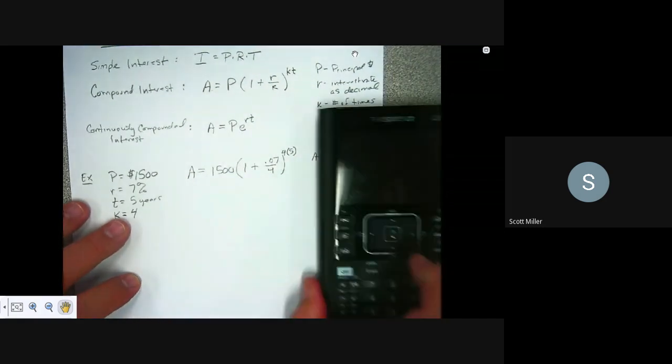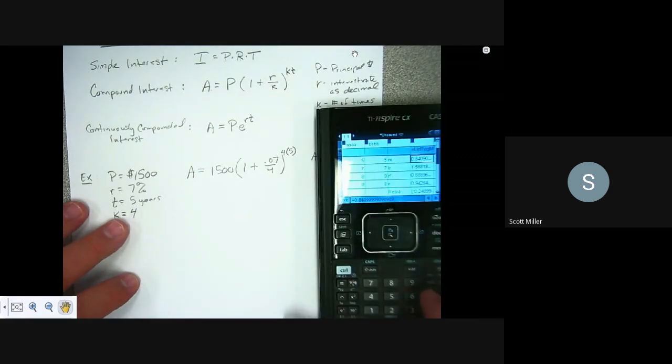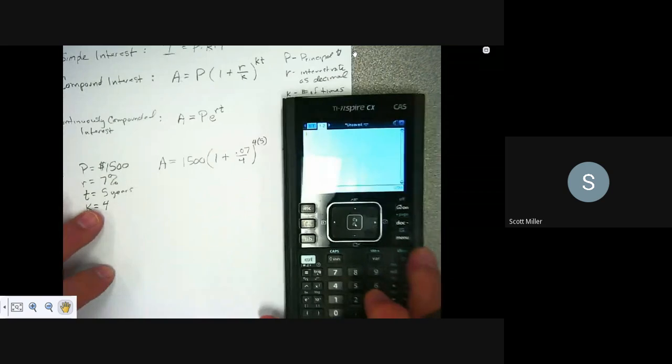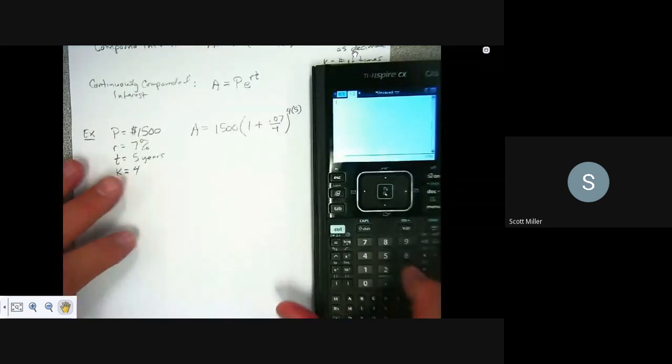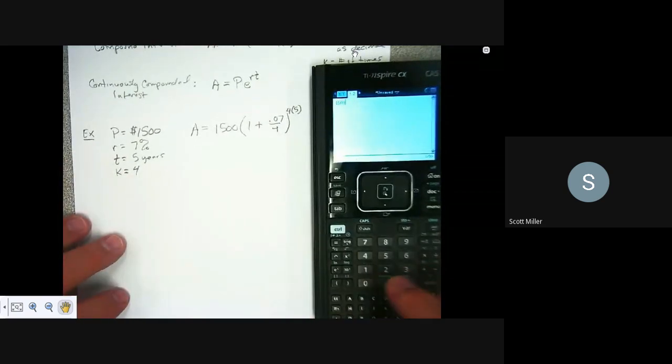And then this is just a calculator exercise. You can just type it in as you see it. Just trying to get that glare out of there. And you just type it as you see it. So 1500 times, open the parentheses, 1 plus 0.07 divided by 4.